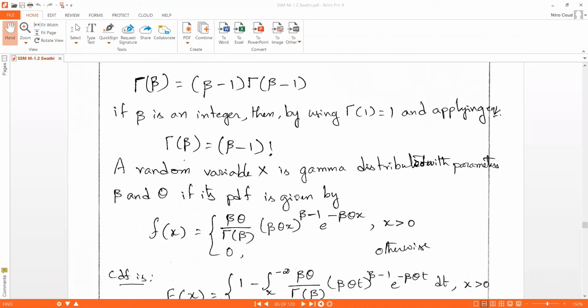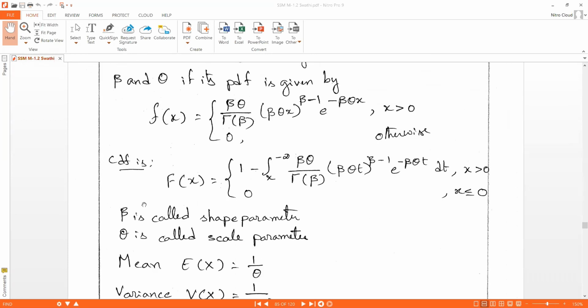The random variable x has a gamma distribution with parameters beta and theta if its PDF is given by f of x is equal to beta into theta divided by tau of beta, into beta theta x whole power beta minus 1, and e power minus beta theta x for x greater than 0. Otherwise, f of x is 0. This is for the gamma distribution.